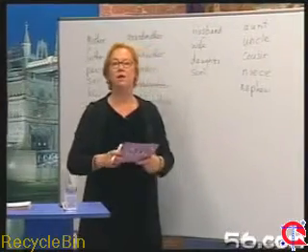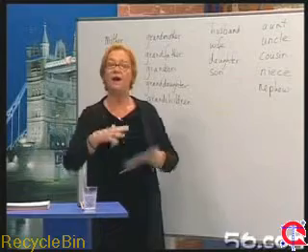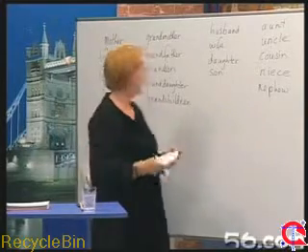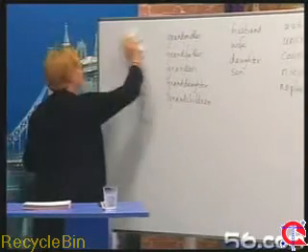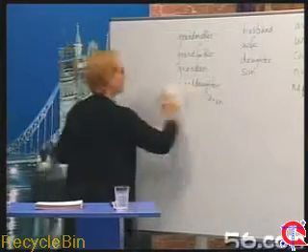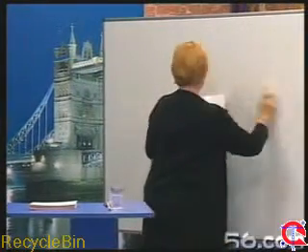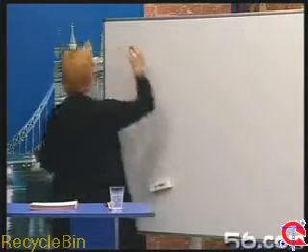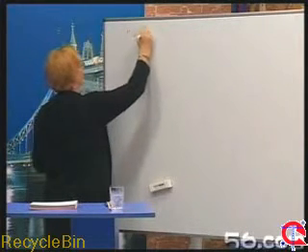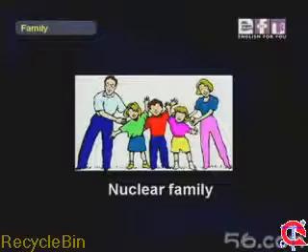Now, we're going to talk about two kinds of families. And this includes all of these. So, the first one is the nuclear family. The nuclear family is usually small.